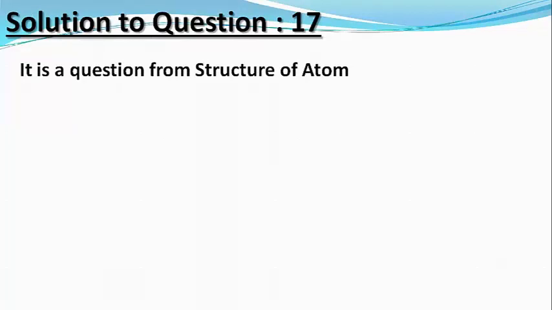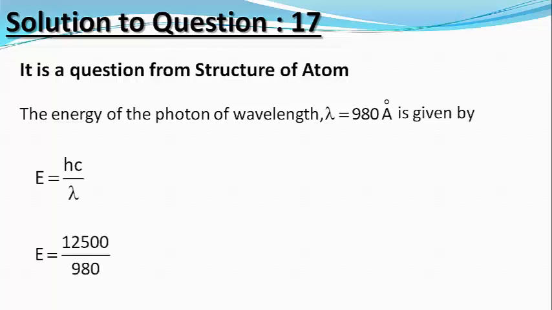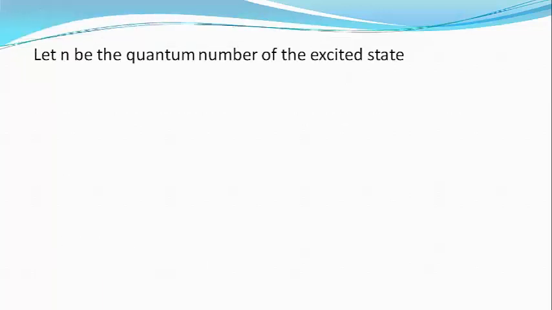Let's solve this question. The energy of the photon of wavelength lambda equals 980 angstrom is given by E equals hc divided by lambda equals 12,500 divided by 980, which equals 12.76 electron volts. Let n be the quantum number of the excited state.